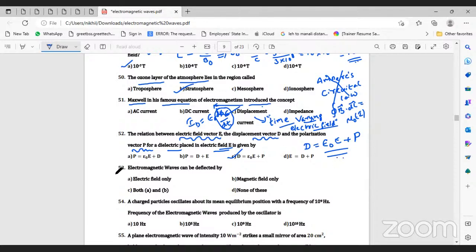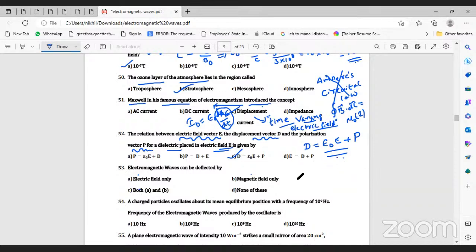Coming to the fifth question, electromagnetic waves can be deflected by which one? Electric field only, magnetic field only, both A and B, or none of these. You know that electromagnetic waves are not going to deflect either towards the electric field or the magnetic field.